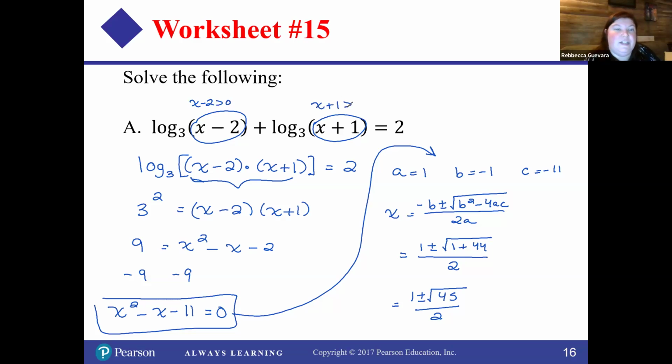So we just need to make sure that both of these answers work. If we did this and we had the -1 plus 45 divided by 2, that's still positive.